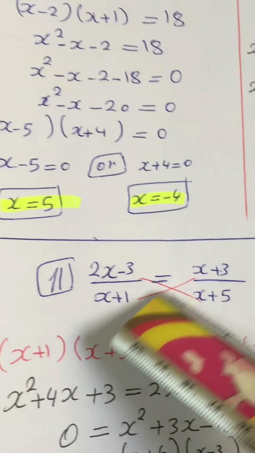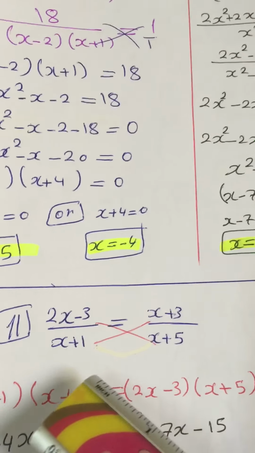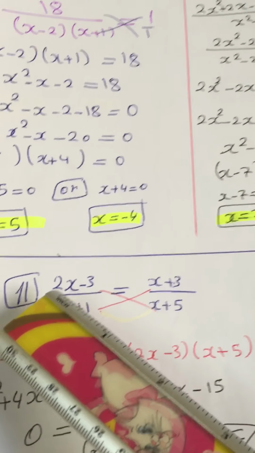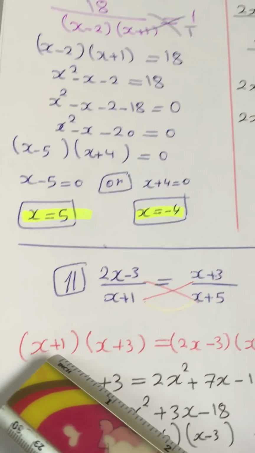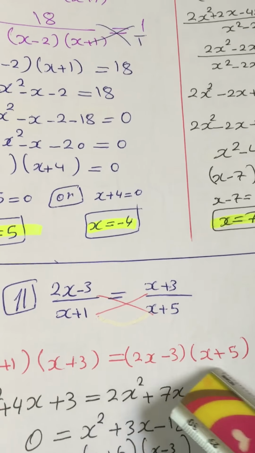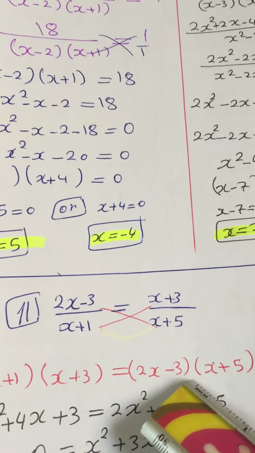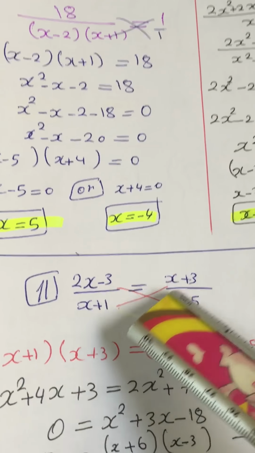But we can make cross multiplication like this because both of them are equal. So, but put them between brackets, please. 2x minus 3 in brackets, multiply x plus 5. You can put them on the right, on the left, no problem. And here x plus 1 multiply x plus 3.